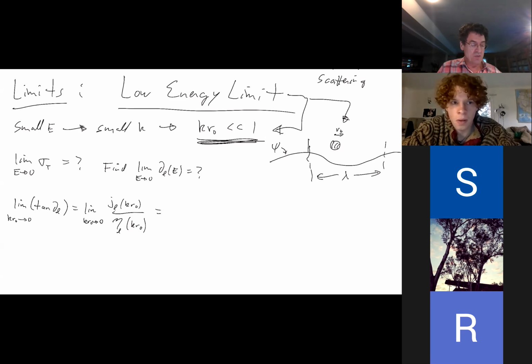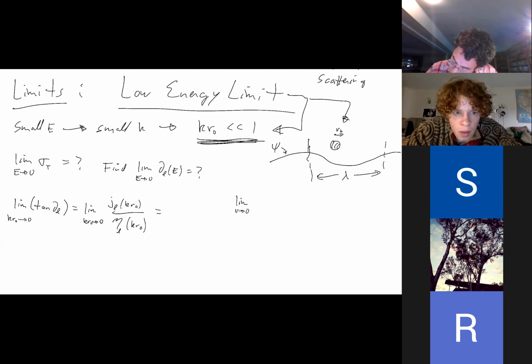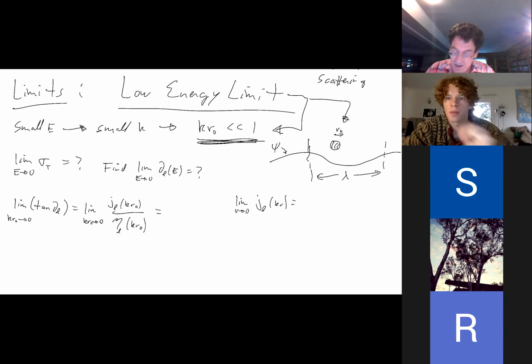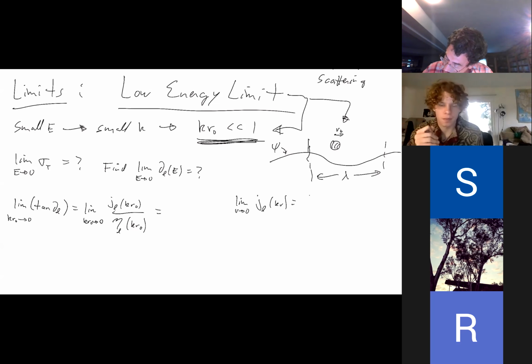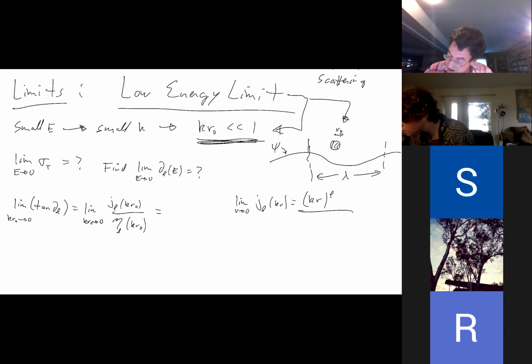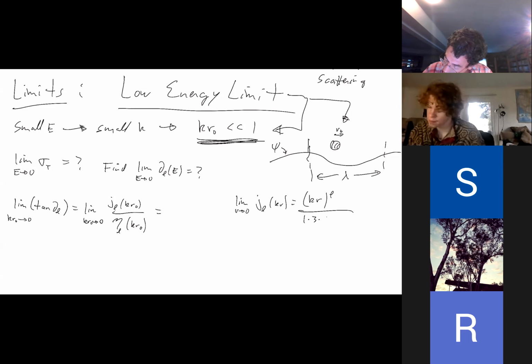And so we go back to some math book, we look it all up, and we remember that the limit as R goes to 0 for the spherical Bessel function is equal to some funky thing, (KR) to the L over 1 times 3 times 5 times ... times 2L plus 1.